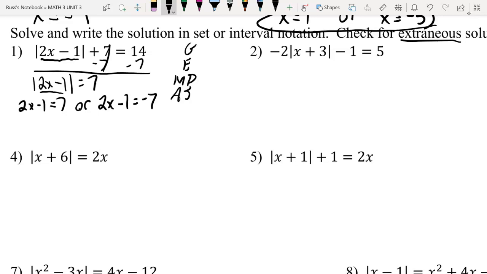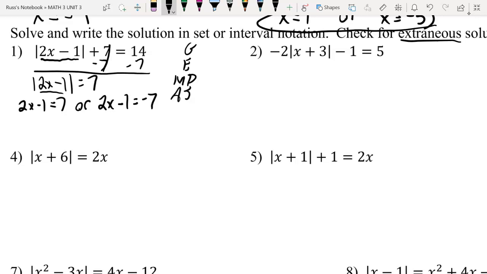Let me give you a warning here, by the way. A lot of people are only going to do the one. You have to take into account, thinking of the number line, that it could be the same distance from 0 one way or the other, or the same distance from really the middle number.